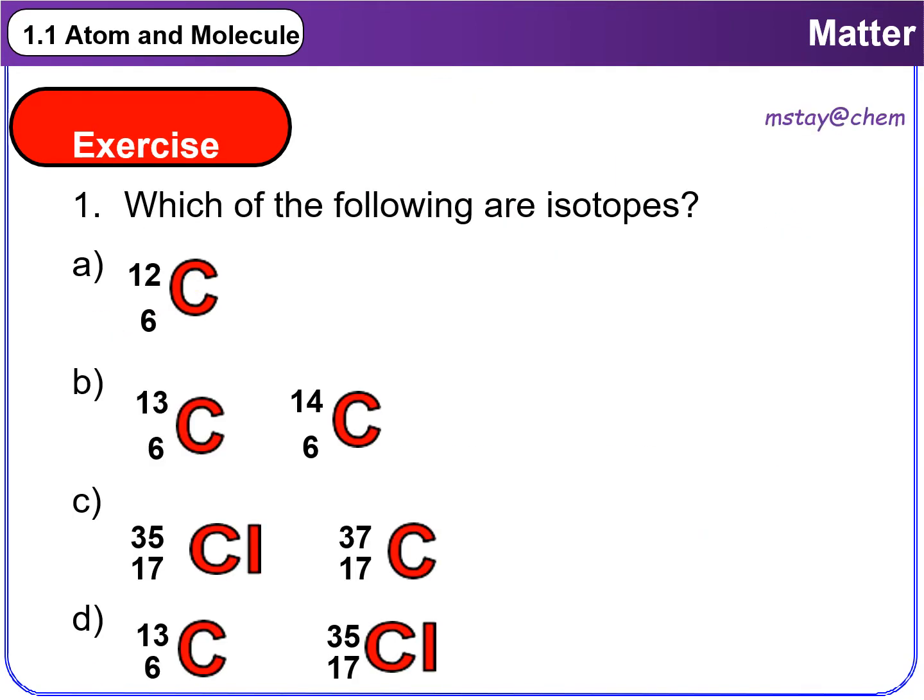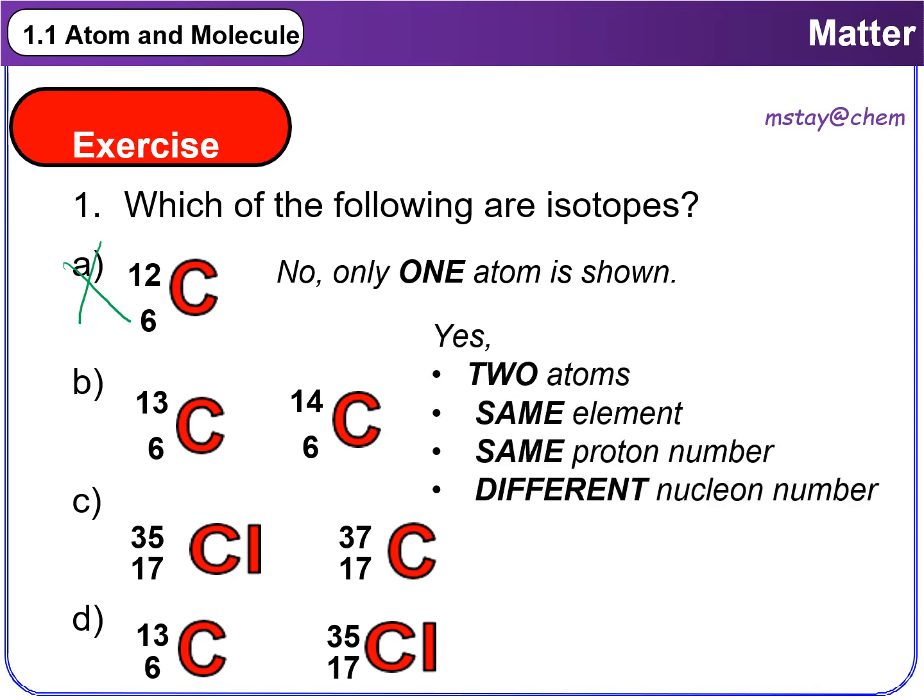Now let's look at the exercise. Which of the following are isotopes? The first one, A, is not an isotope because there is only 1 atom. B, yes, is an isotope. There are two atoms, both of the same element, carbon, and they have the same proton number, 6, but different neutron numbers, 13 and 14.